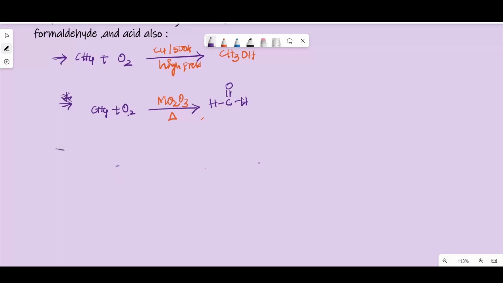So let's see one other one. CH3CH3, ethane, in the presence of (CH3COO)2Mn and heat.